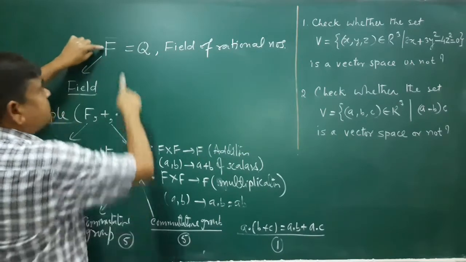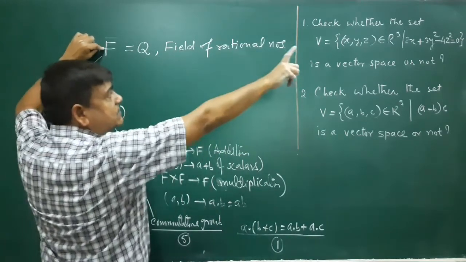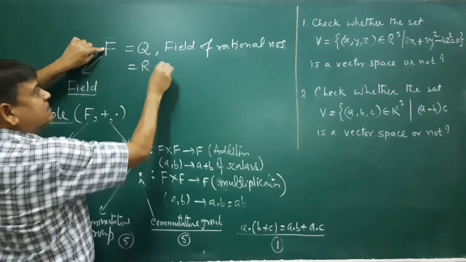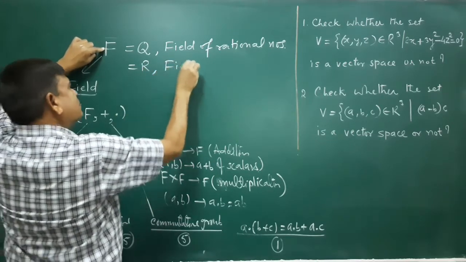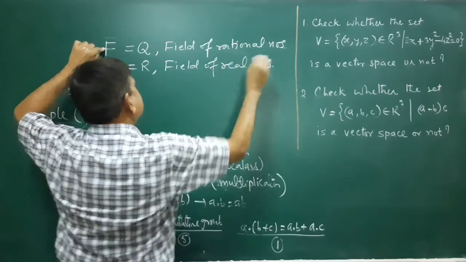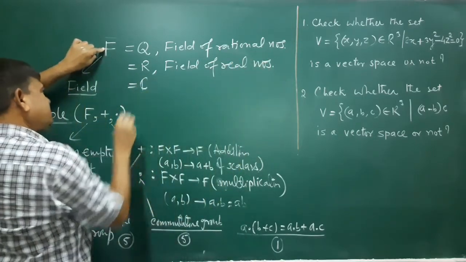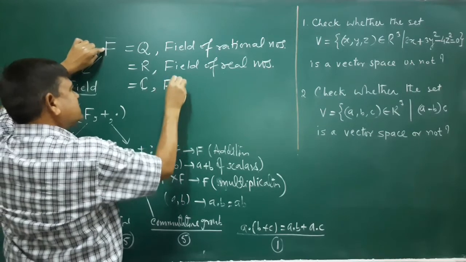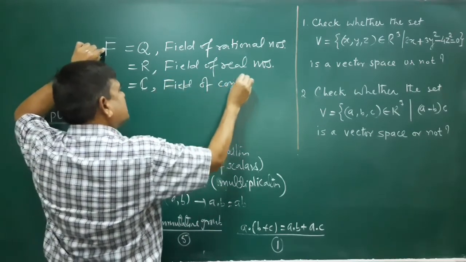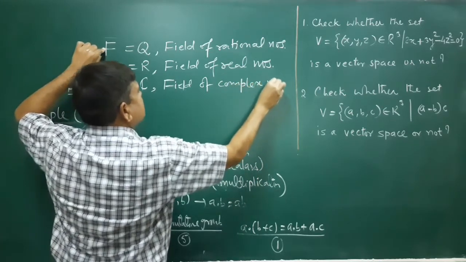Okay, so if F is Q, then it is known as the field of rational numbers. Suppose it is R, then it is the field of real numbers. Suppose it is C, then it is the field of complex numbers.